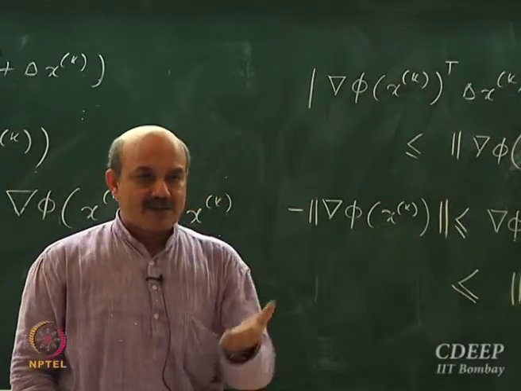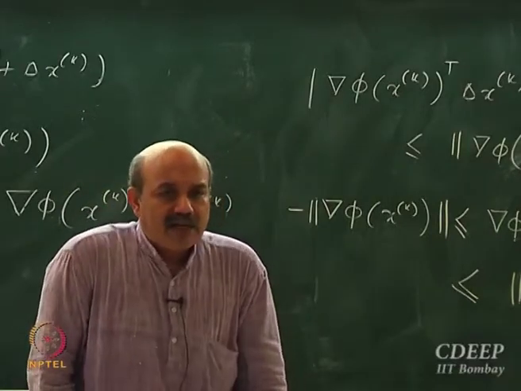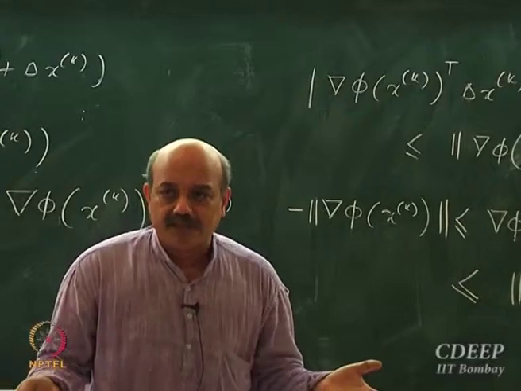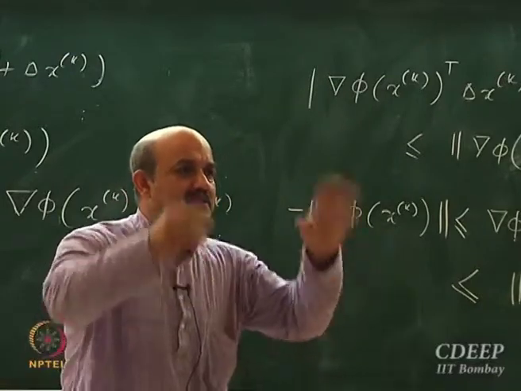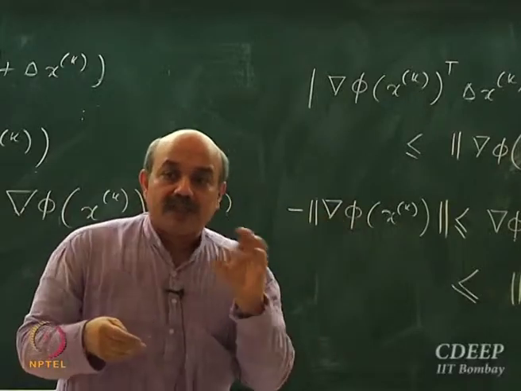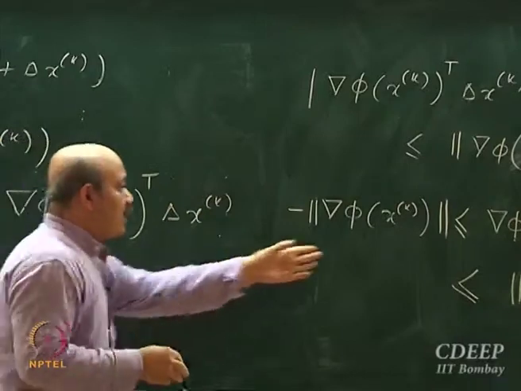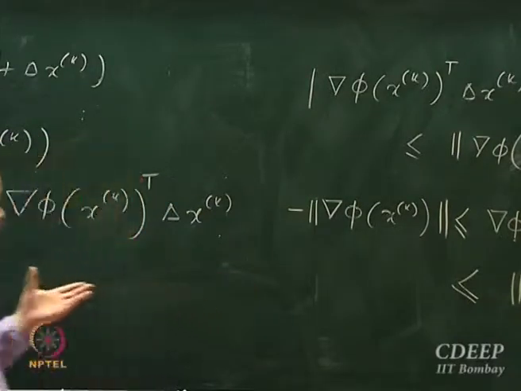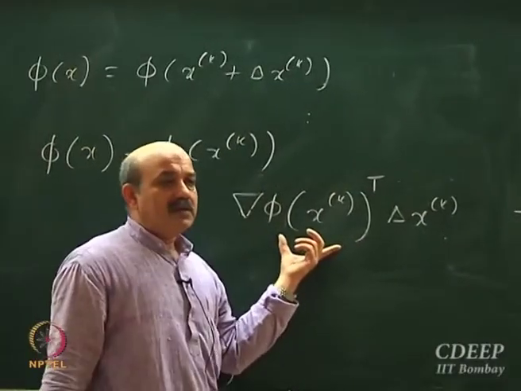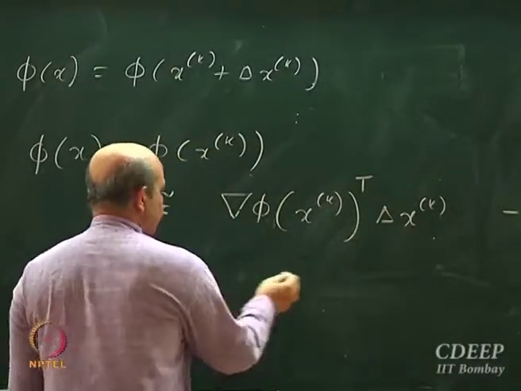I should choose my next point by moving along the negative of the gradient direction, since I am minimizing the function. My objective was to minimize phi of x. Locally the function will decrease the most if I move along the negative of the gradient direction.